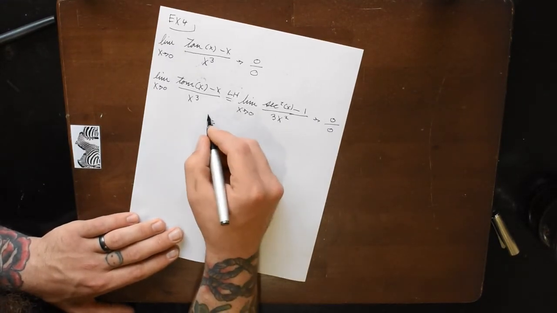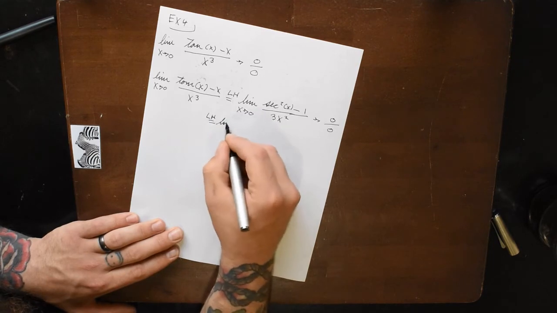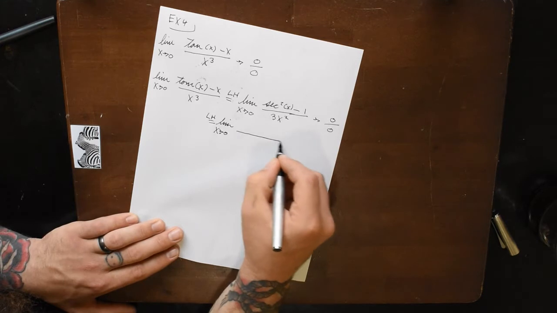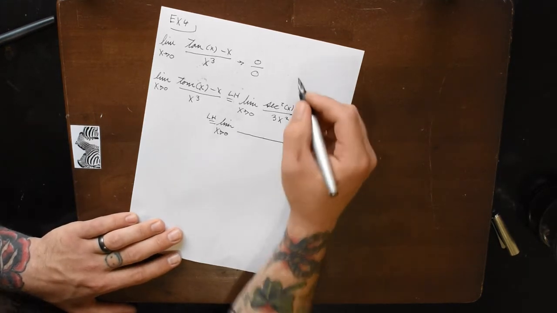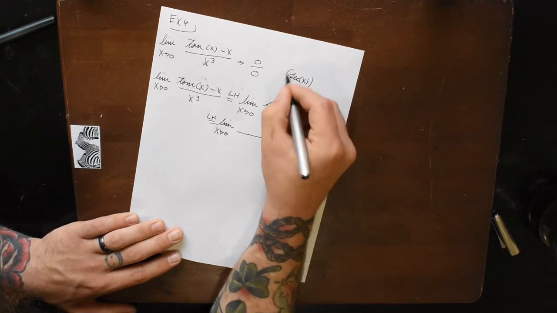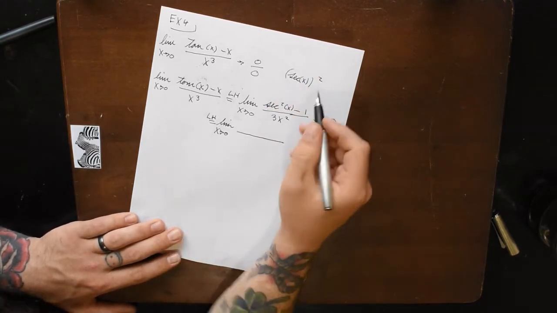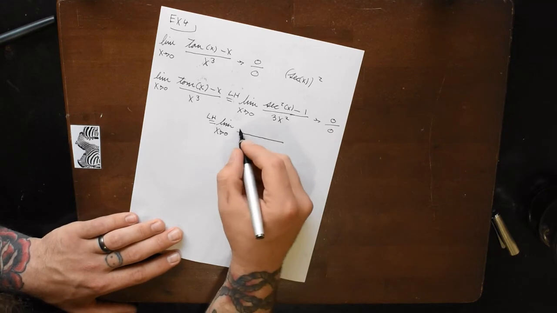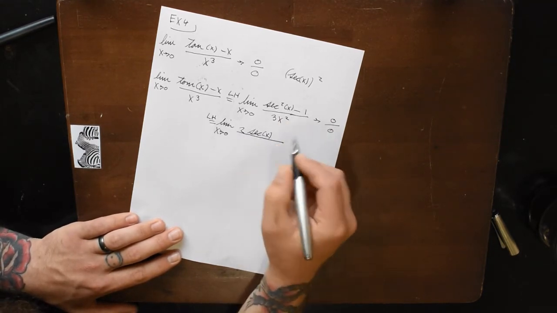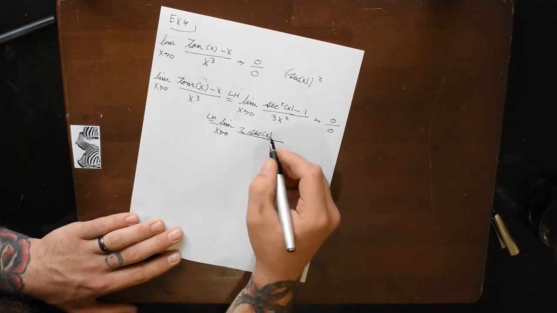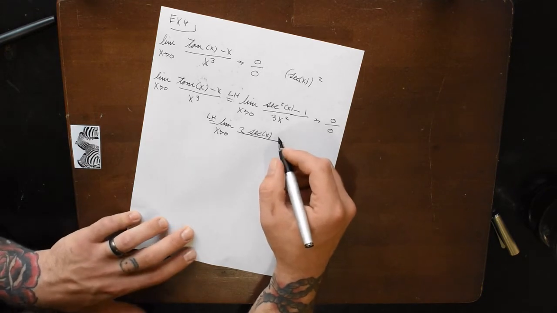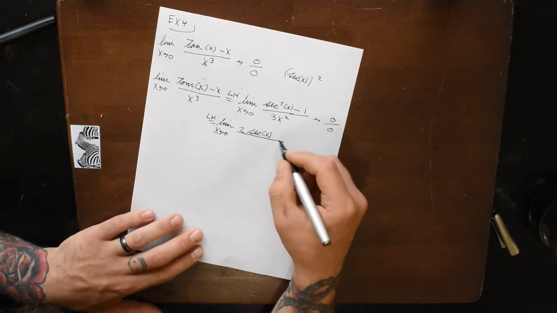So equal, by L'Hopital's rule, limit as x goes off to 0 of, so secant squared of x, this is a secant of x squared. So when we take the derivative, our power is going to come down. 2 times the inside, secant of x to the power of 1, times the derivative of the inside, and the derivative of secant is secant tangent.